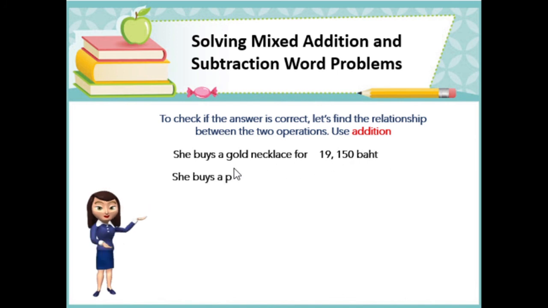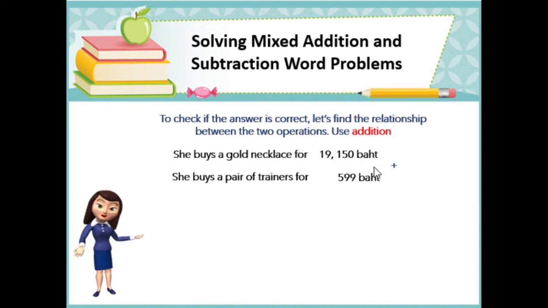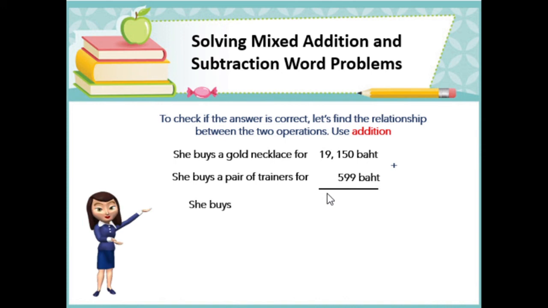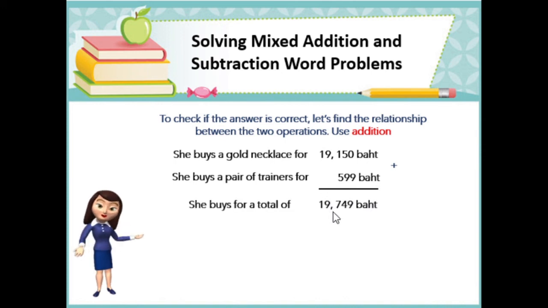She also bought a pair of trainers for 599 baht. What will we do? We will add them together. 19,150 plus 599 equals 19,749 baht.